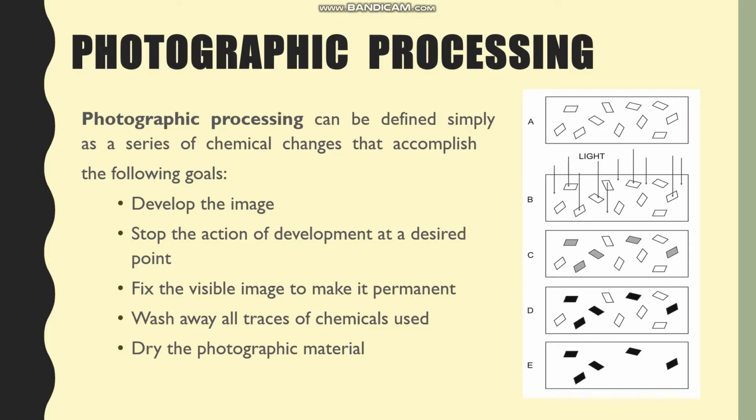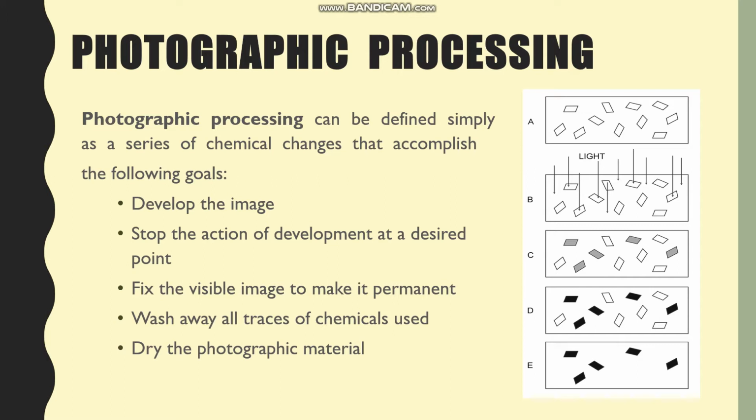So, dito sa pangatlong step na to, dahil meron tayong chemical na ginagamit to fix the visible image, kapag in-expose na ulit natin kay light yung ating developed film and developed na ating photographic paper, hindi na siya light sensitive. Kasi nga, yung visible image na napalabas natin, through the use of fixer, naging permanent na to.